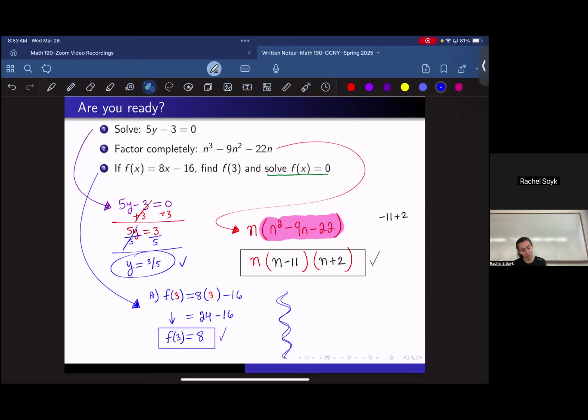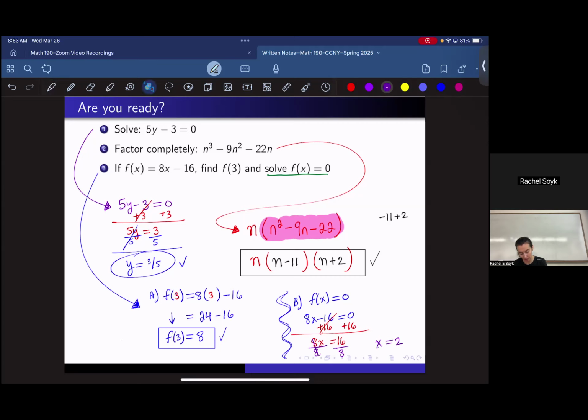And then part B is asking us to solve when our function is equal to 0. So we get 8x minus 16 is equal to 0, and we're back to utilizing our inverse operations, adding 16 to both sides, and then last but not least, dividing both sides by 8.